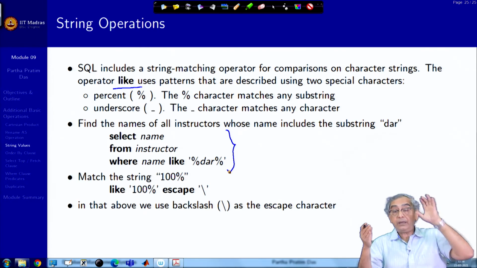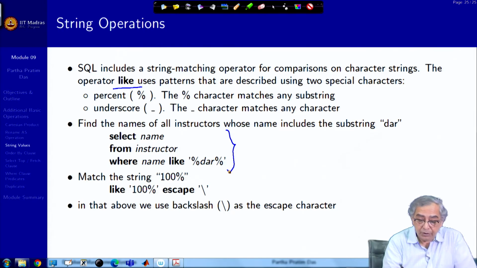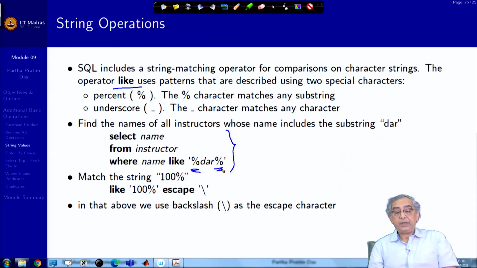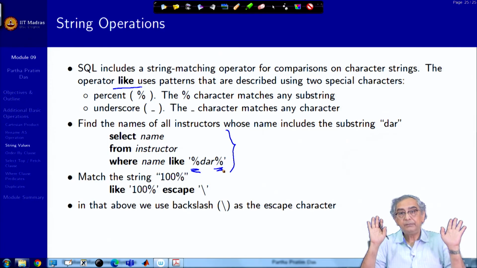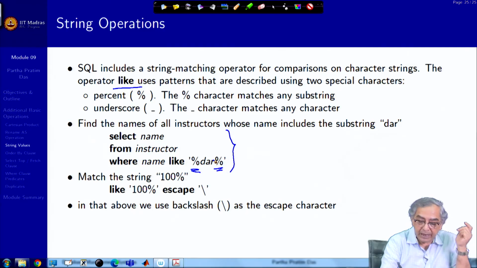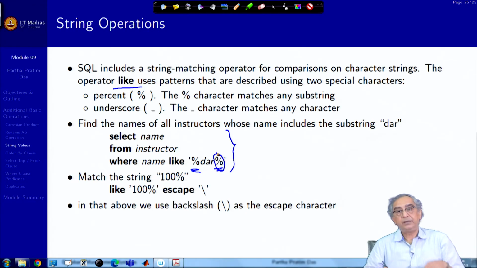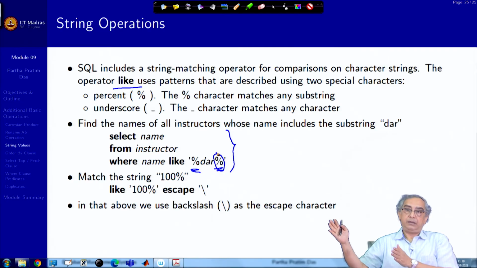So, you want to say that Dar could be anywhere within the name. So, you write percentage. A percentage means that it will match any string including the null string. So, that could be preceded by anything. Similarly, I put a percentage here to say that it could be followed by anything as well.